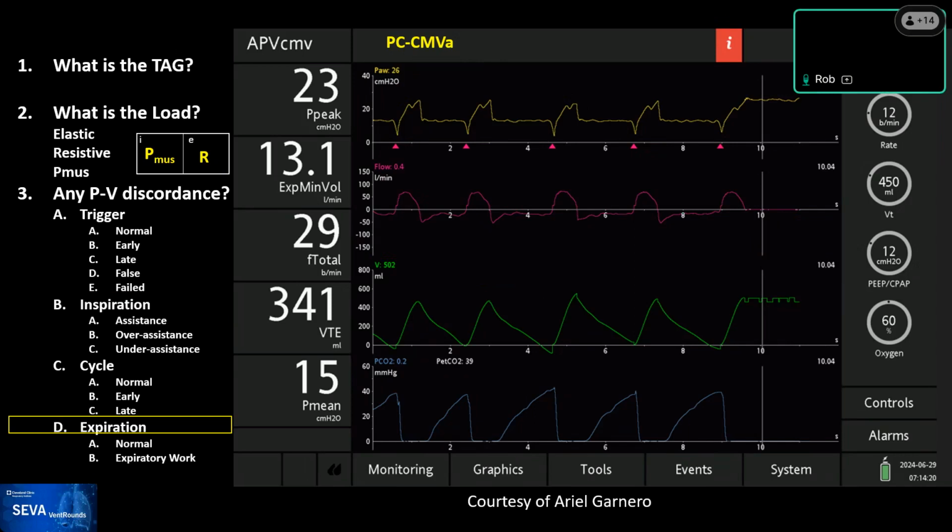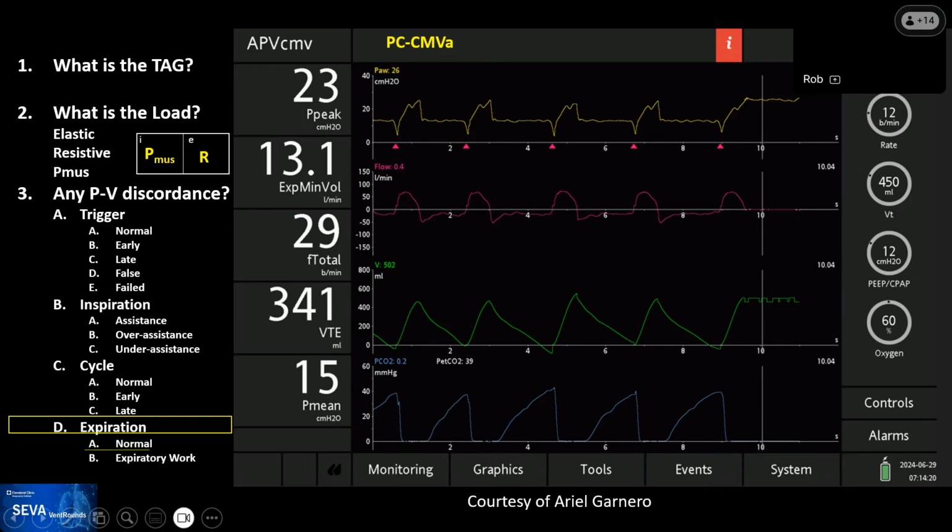Or do you think this is normal, more or less passive exhalation? Any comments? No comment so far. Well, I'm reading this as more or less normal. Yeah, I would say relaxed. Yeah. More or less normal. Okay. There's certainly no massive expiratory effort happening here.